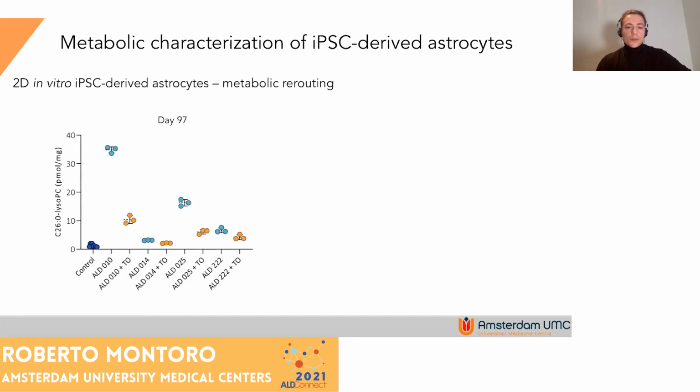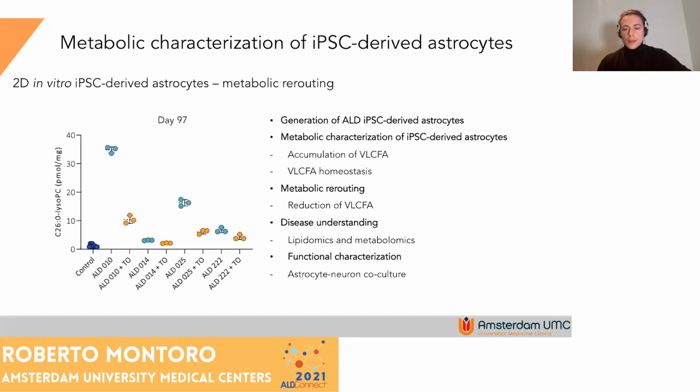And what we see is that after a week of incubation with this compound, in this case T0, in all the lines, the levels of the very long-chain fatty acids were reduced. So this tells us as well that, first of all, we recapitulate biochemical deficiencies in patients, and that it also gives us a platform to test different drugs and see how these levels are affected. So as a summary of the astrocyte story, we've been able to generate astrocytes from iPSCs derived from ALD patients.